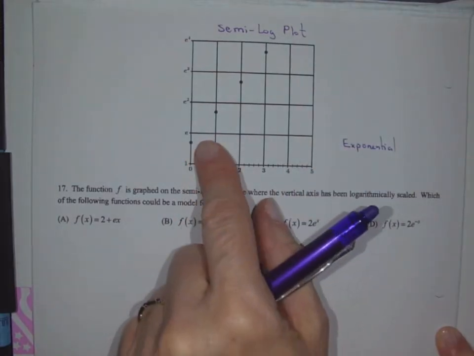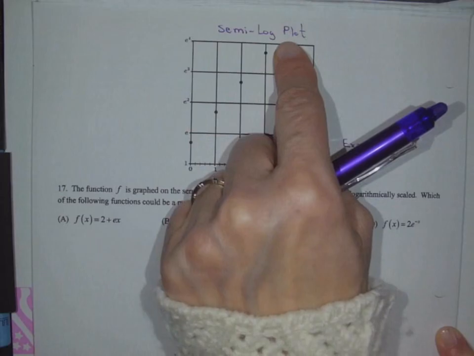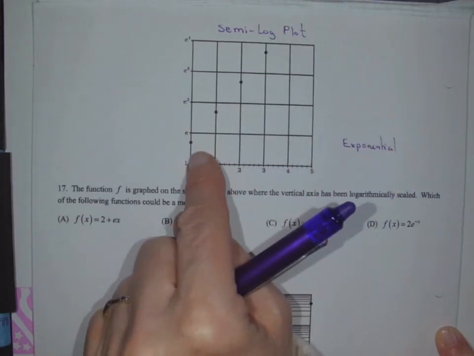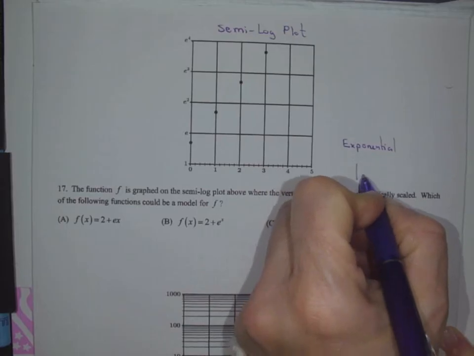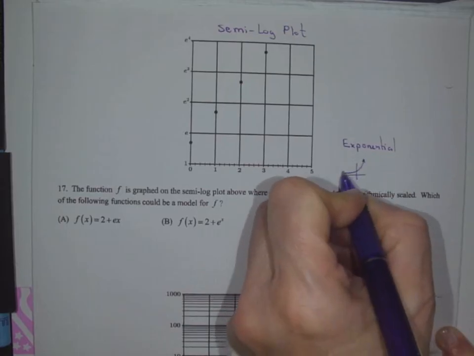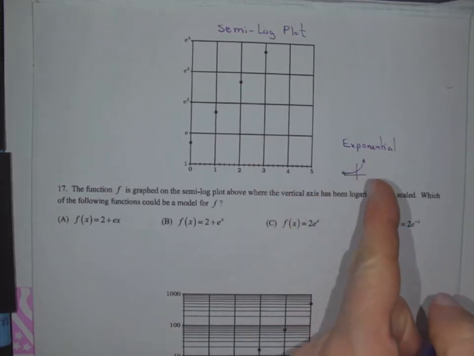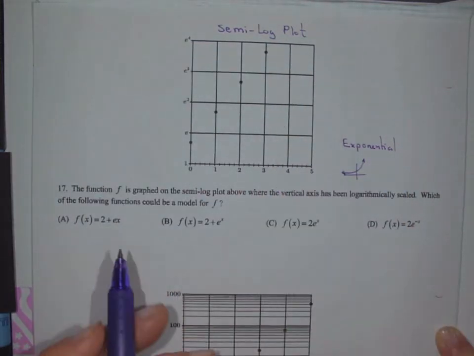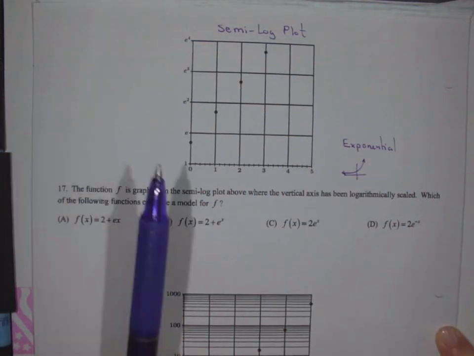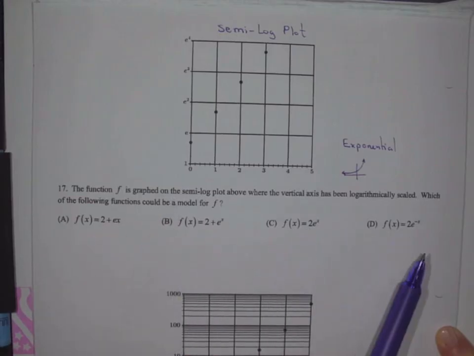And my points here are going up, meaning my exponential function was growth, not decay. If my exponential had been decay, then it would go down with a negative slope from left to right. So I'm looking at my equations here, and I'm going to try to figure out which one works.